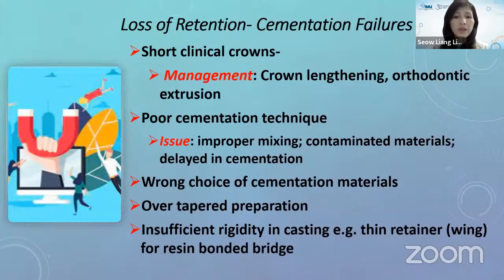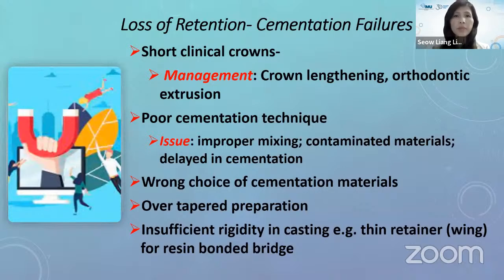For example, veneers, resin bonded bridges. So you can use nowadays the so-called self-adhesive or universal cement. But this group of cements are not suitable or not strong enough to cement resin bonded bridges.